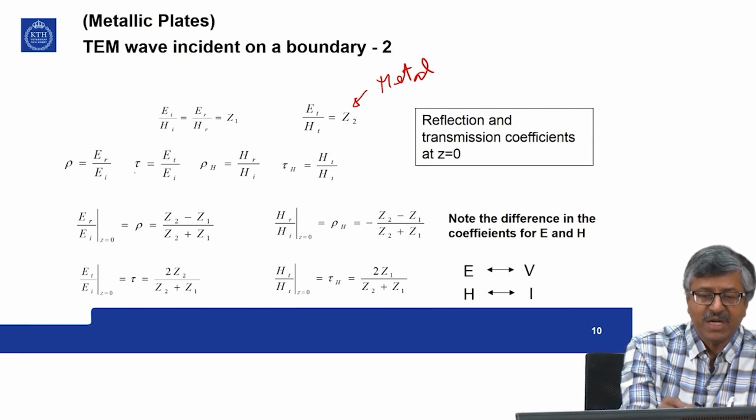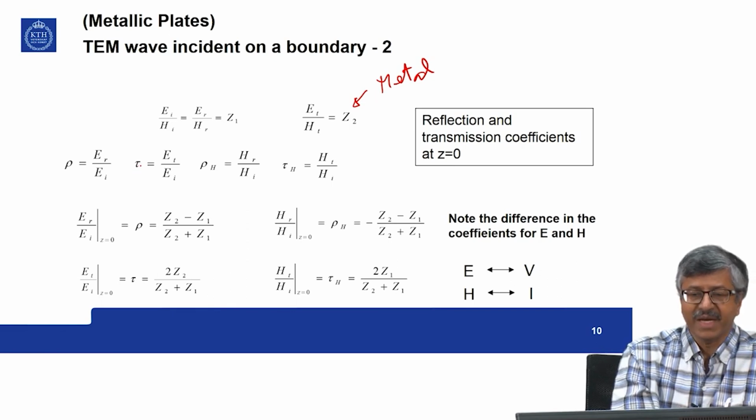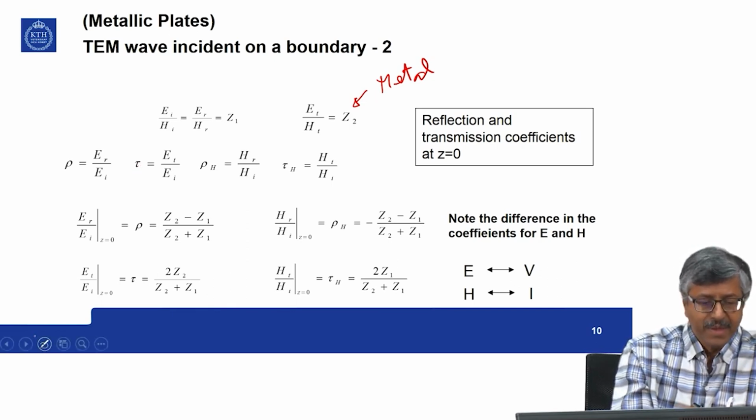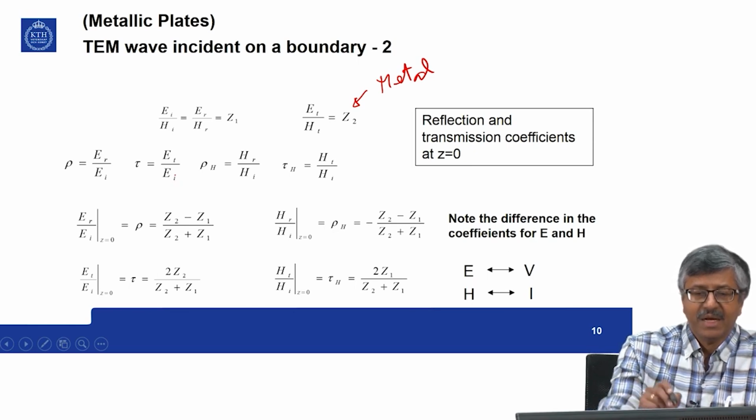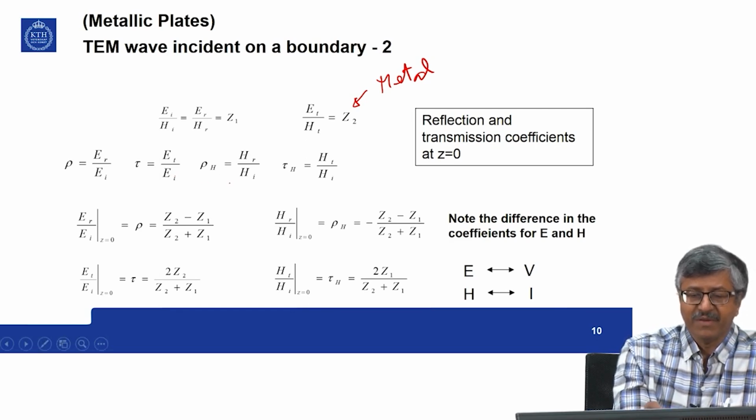Transmission coefficient tau is defined as ET by EI, transmitted divided by incident, and reflection coefficient for H. For magnetic field we write H to indicate that it is magnetic field.